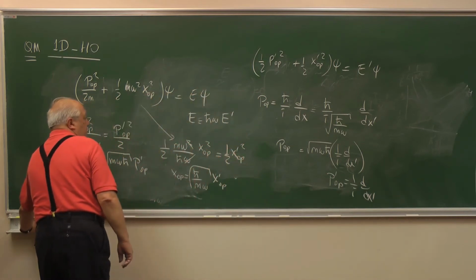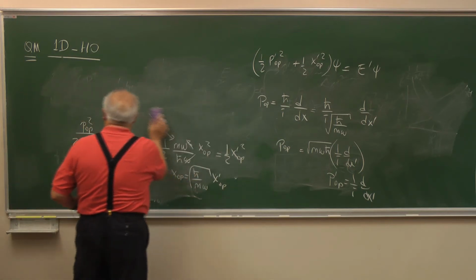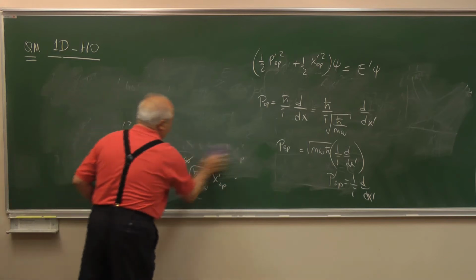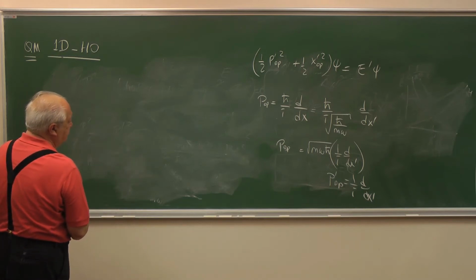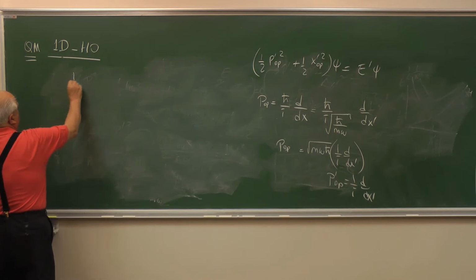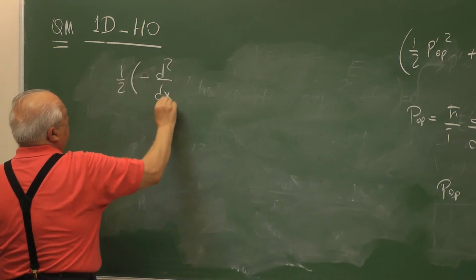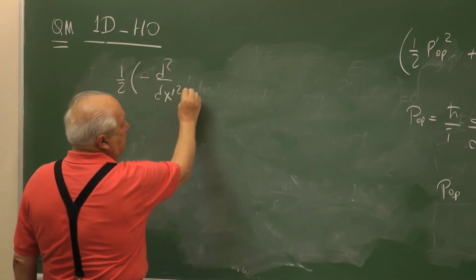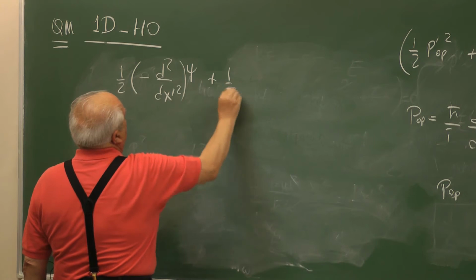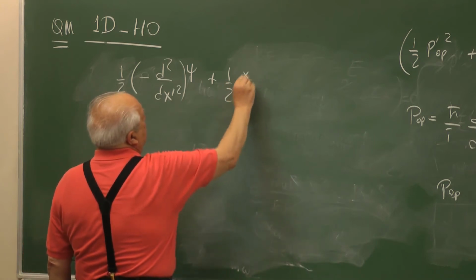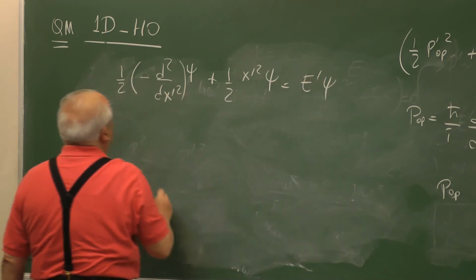So our differential equation finally becomes one half of minus d squared by dx prime squared psi, plus 1/2 x prime squared psi, equal to E prime psi.